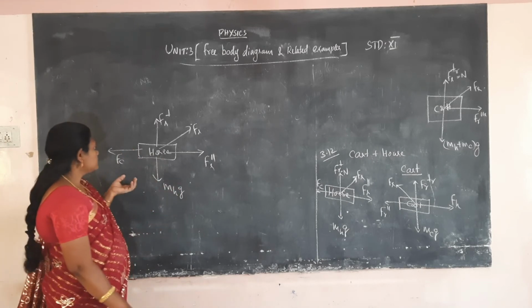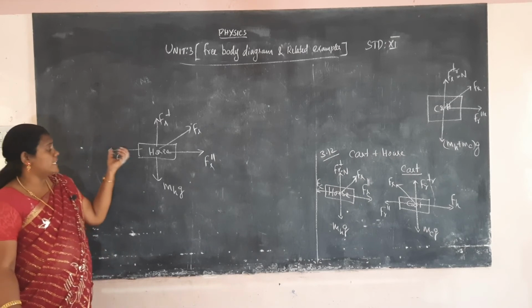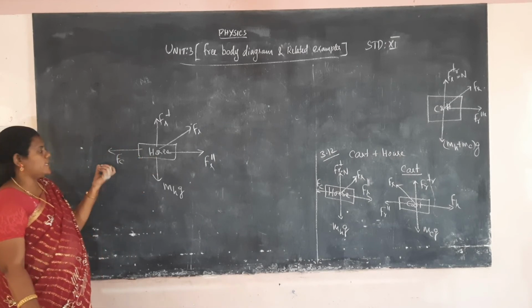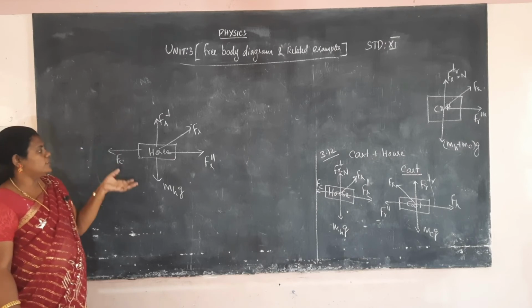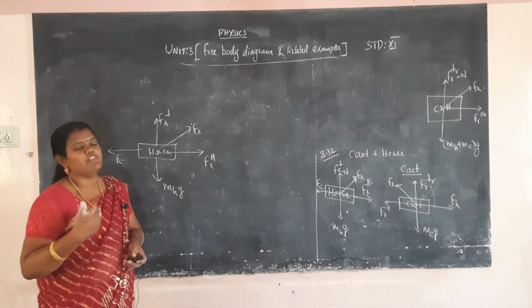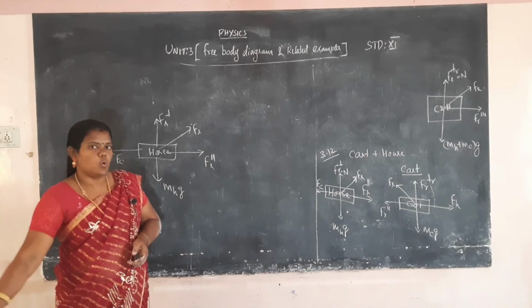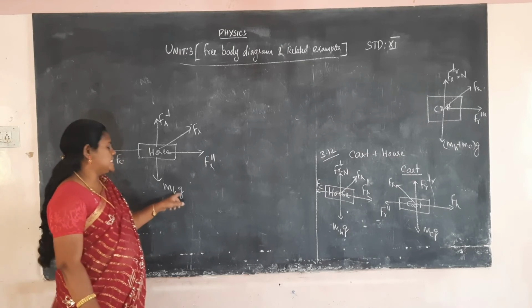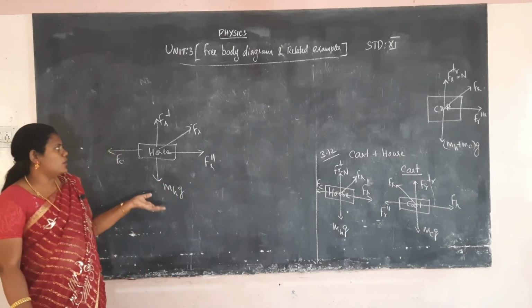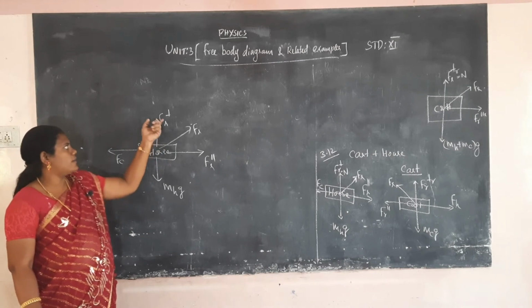Fc is the force exerted by the horse on the cart. That's all for the horse as a system. The horse moves forward. The horse's weight applies a downward force mhg on the road, and the road gives the opposite force on the horse, that is Fr, and the perpendicular component.